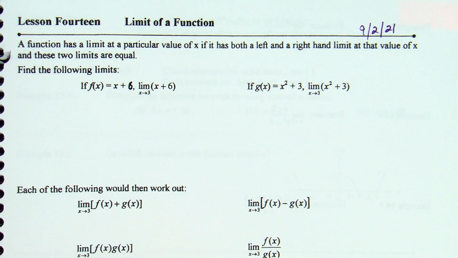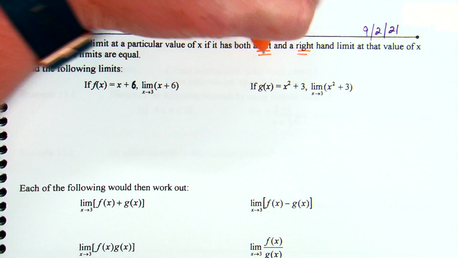If it's not specified to look from the left or the right, you're looking at the limit in general, which means it needs to meet at the same place coming from both sides. So the left and the right have to be equal.